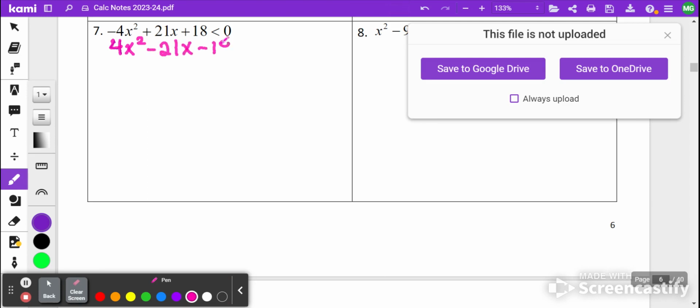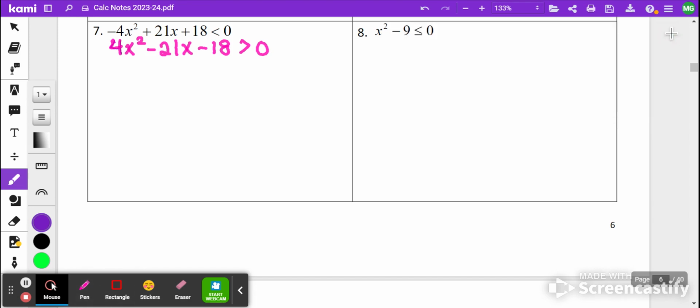But you also have to remember that you have to reverse that inequality symbol. And certainly much easier to solve when our lead coefficient is positive. So go ahead and do that. Okay, pause the video, do that, and then start the video up and see if we get the same answers.